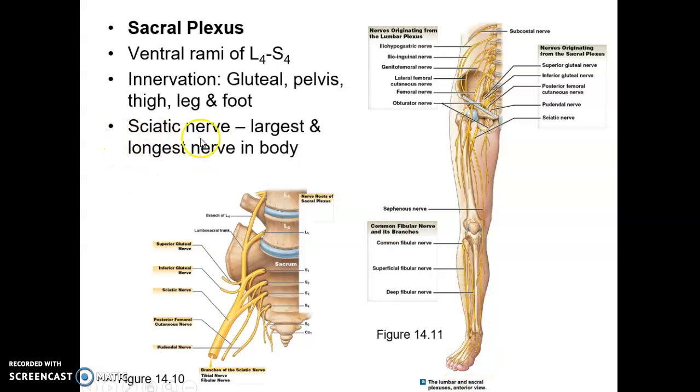And your sciatic nerve, if you have sciatica, that's compression pain on the sciatic nerve. And that is your largest and longest nerve in the body, going from this region all the way back down. Okay? Extending and branching into the other nerves. Sciatic nerve off the sacral plexus. And again, the lumbar and sacral plexuses can be combined into what we call the lumbosacral plexus.